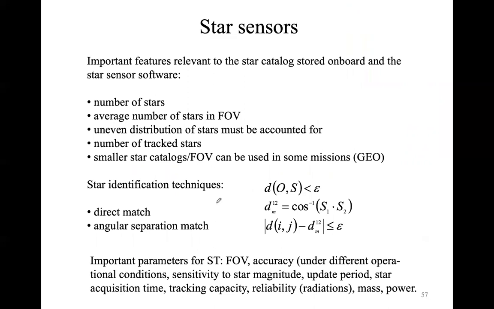So let's assume that you are loading your, okay, so this is the catalog that is loaded by your spacecraft. Okay, so for example, from your catalog you have that the position of this star is O. So it means that at a certain time you are trying to determine the position of that star.